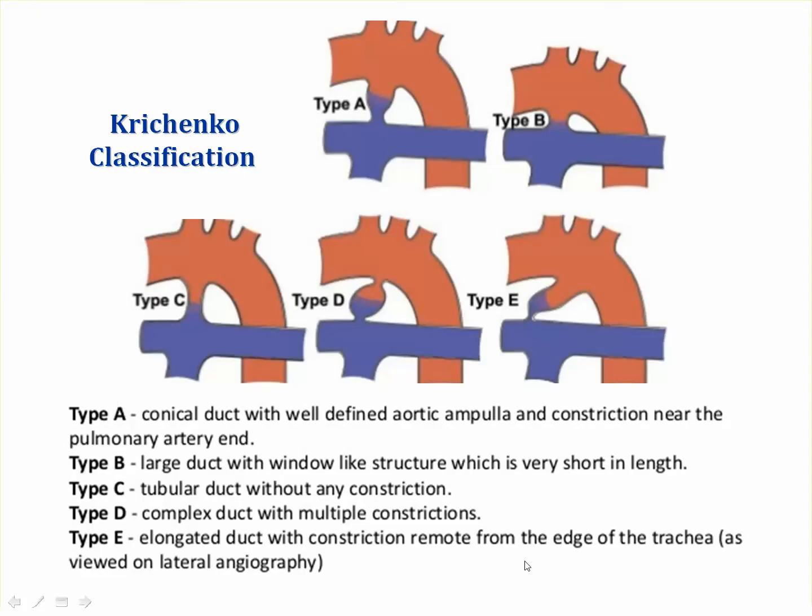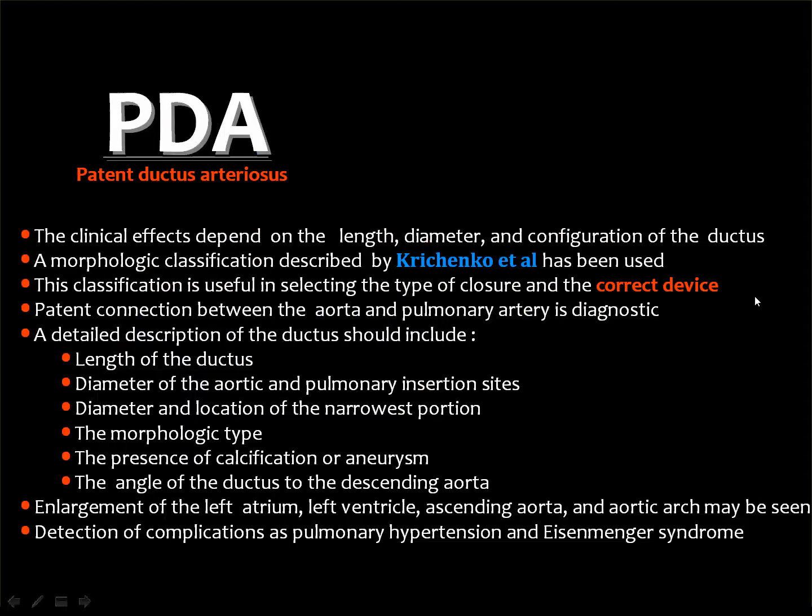The Krishenko classification of the patent ductus includes 5 types, and this will depend on the length of the ductus and also the configuration, whether it is constricted from the pulmonary side or from the aortic and pulmonary sides, or it has these different appearances.